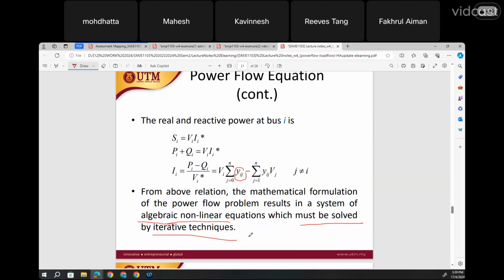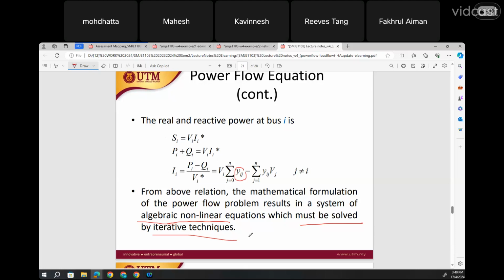Iteration number 2, V equals 1.5. Iteration 3, V equals 1.6. See, it starts to converge into a value somewhere around 1.6. At iteration number 4, it becomes 1.61, and iteration number 5 becomes 1.61, 1.61, 1.61. So it has converged.